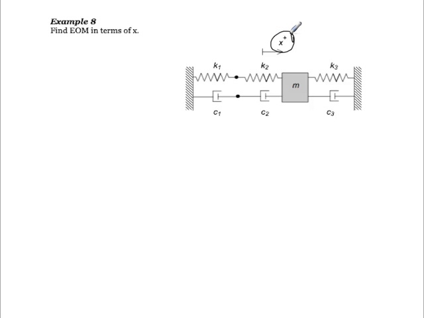First step I'm going to go through here is to replace these 2 springs in series by a single spring on the left hand side. So that force is going to be a K equivalent times x.